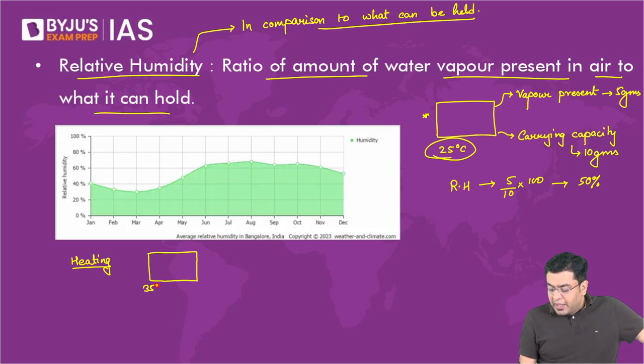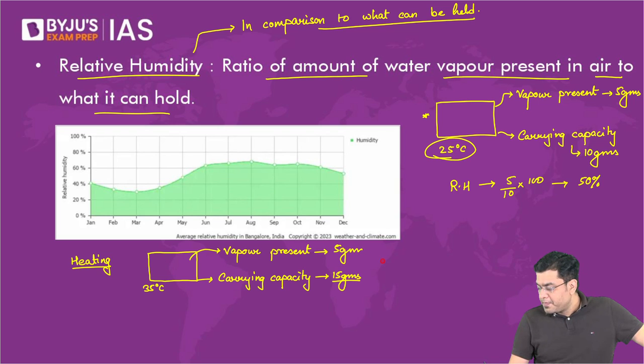Now, the carrying capacity, let's suppose from 10 grams, has increased to 15 grams. There has been no net addition in the vapor present. So the vapor present is still 5 grams. So what will be the relative humidity in this case?